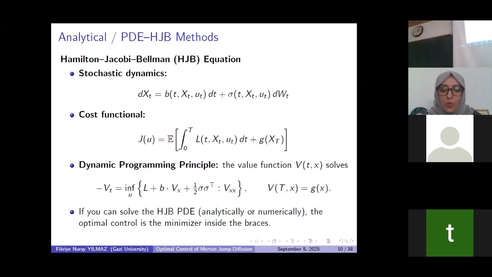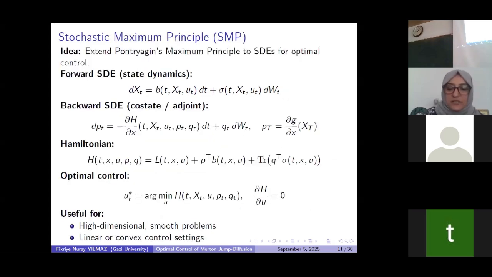Here, we define a value function v to be minimized. We take the infimum of that function, and when we get the infimum of this function and take partial derivatives, we get optimality conditions.